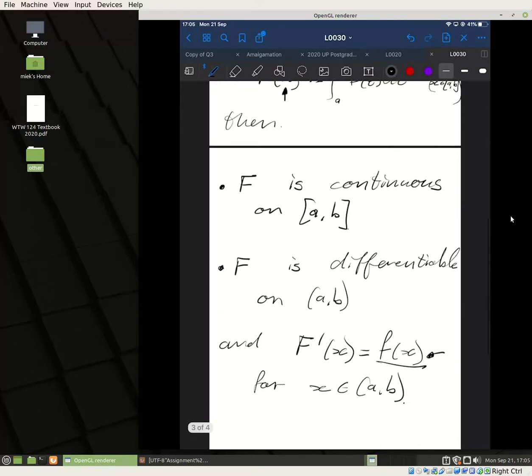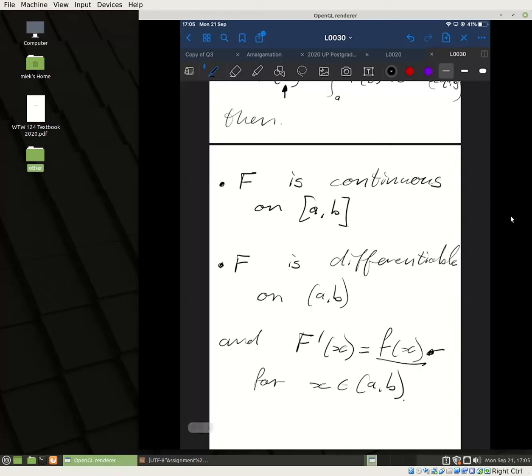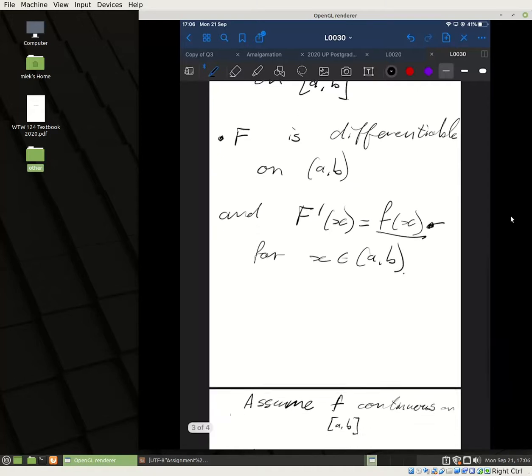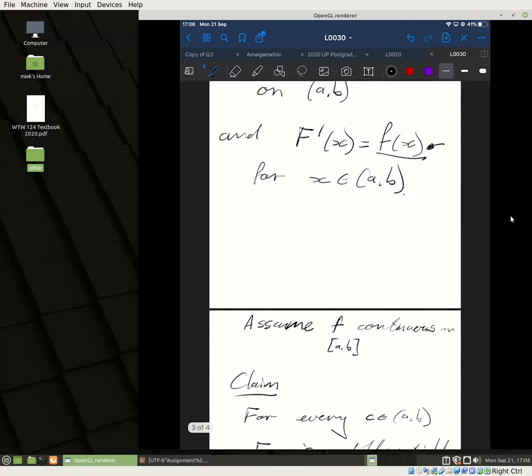And then the conclusion of the statement is that big F is continuous on the closed interval, big F is differentiable on the open interval, and we know what the derivative of big F is. The derivative of big F is little f at any x in our open interval.